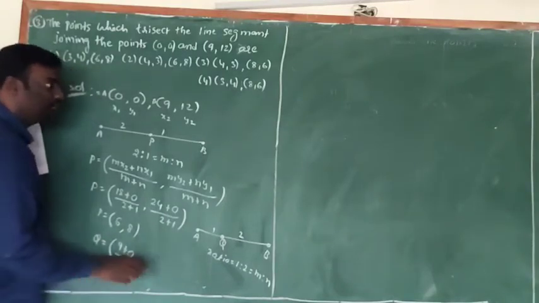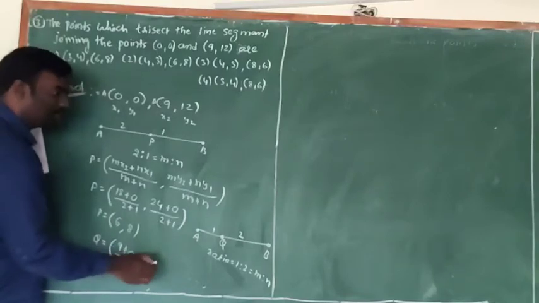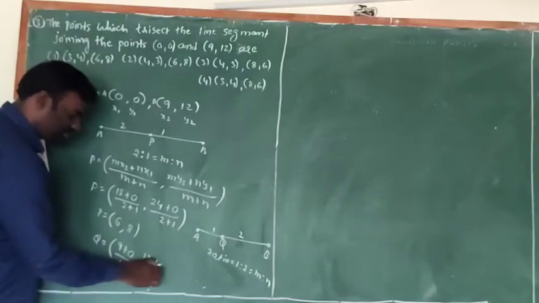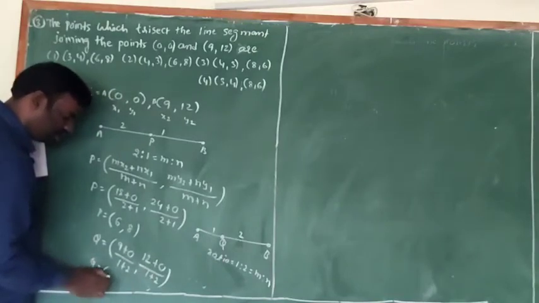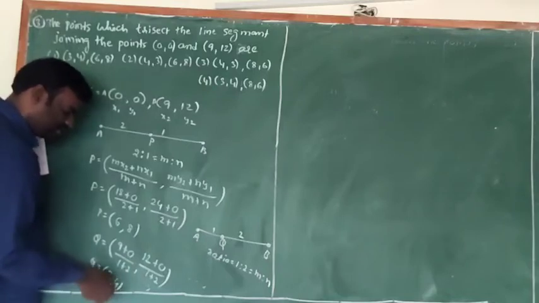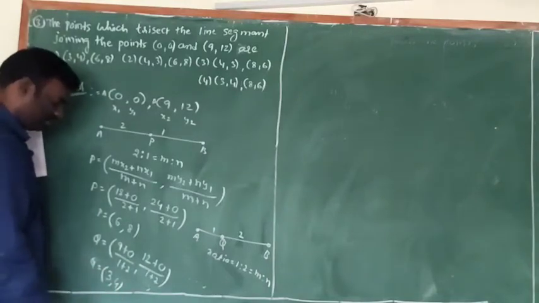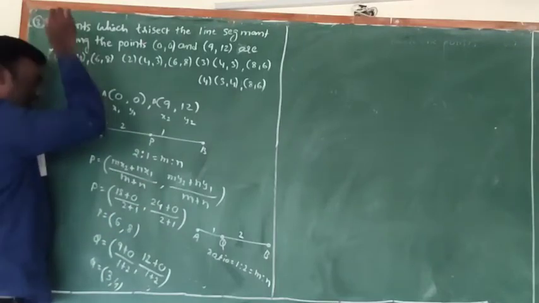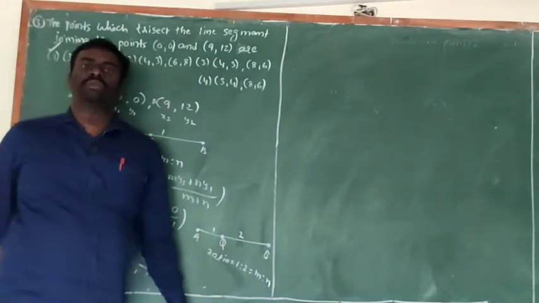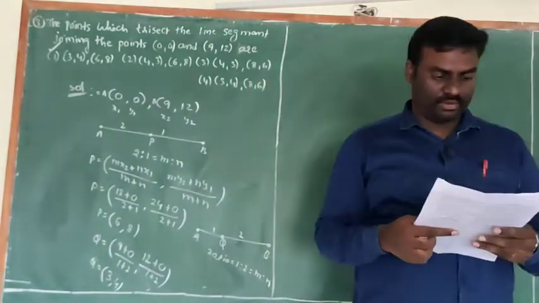Next my2, 1 into 12 plus ny1, 2 into 0, by 1 plus 2. Now Q equals 9 by 3, that is 3, and 12 by 3, that is 4. So the points are 3, 4 and 6, 8, which is the first option, the correct answer.